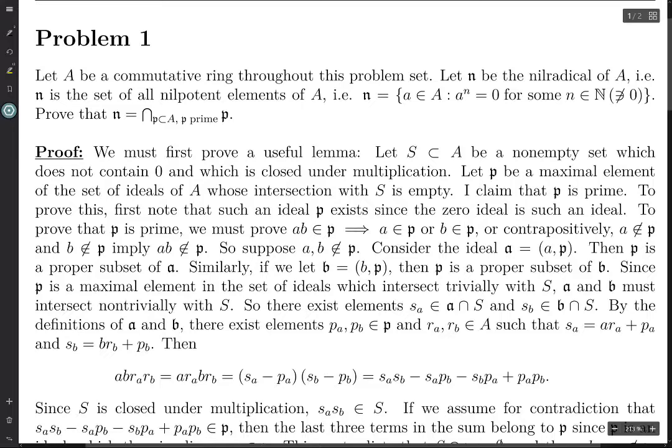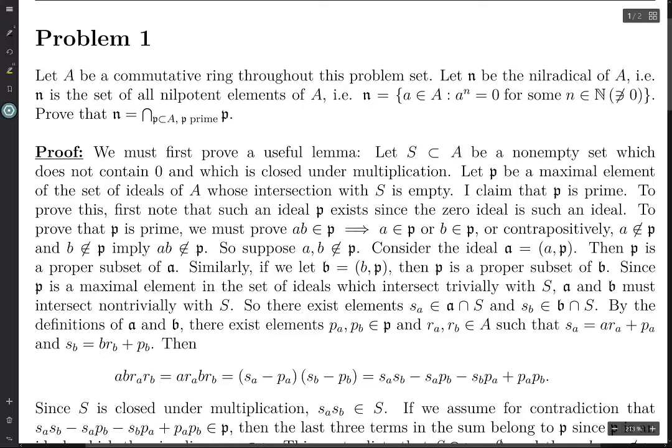Okay, so what we want to prove is that if the product ab is in P, then either a is in P or b is in P. Take the contrapositive: if both a and b are not in P, then we need to prove that the product is not in P. So suppose we have two elements which are not in P, and we're going to take two ideals.